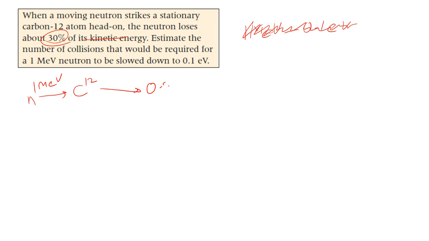So if I take 70% of the 1 MeV, that is the kinetic energy of the neutron after one collision, right? Now let's say it hits another C12 atom, and what do you think is the kinetic energy after the second collision?